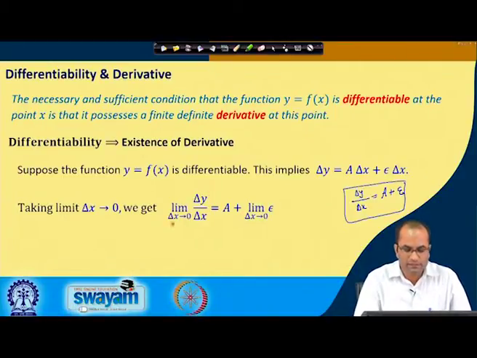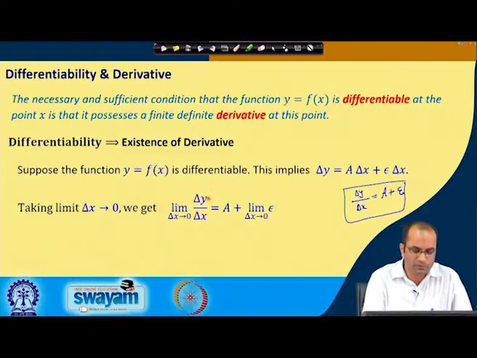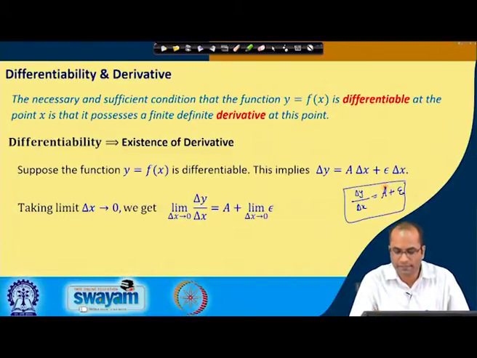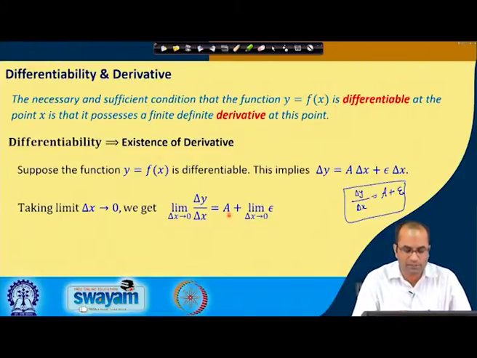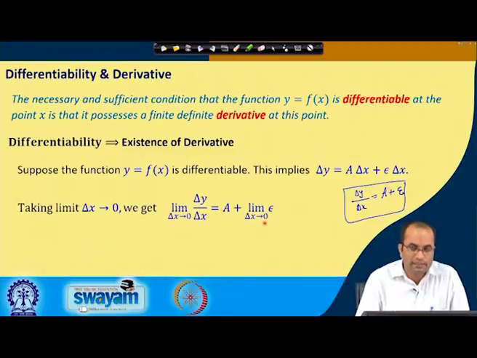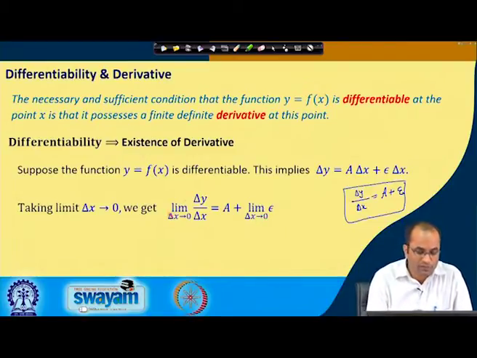By taking this limit, delta y over delta x has the limit equal to A, there is no delta x, and A is also independent of delta x as per the definition of differentiability, plus the limit of epsilon as delta x goes to 0. And we know that this epsilon has the property that it goes to 0 as delta x goes to 0.